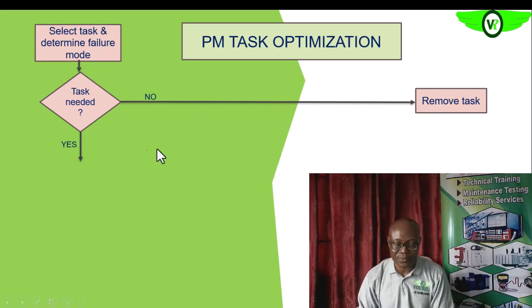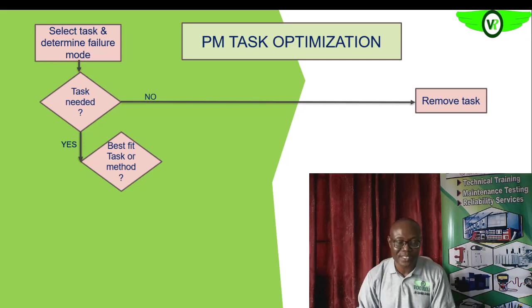Then if it is yes, we'll ask ourselves the next question: is that task the best method, or the best task, to take care of that particular failure mode? Is it the best fit task or method to take care of that particular failure mode?